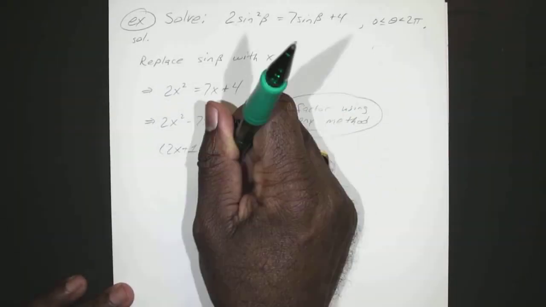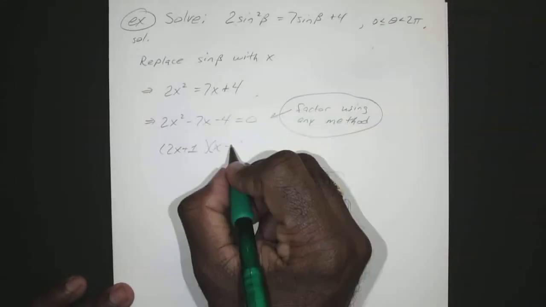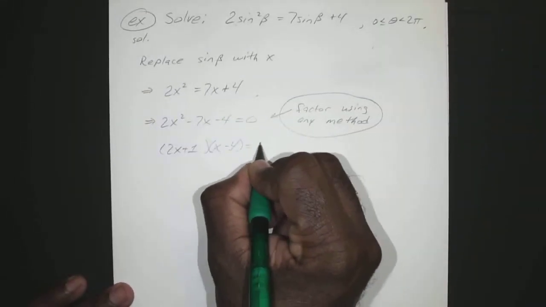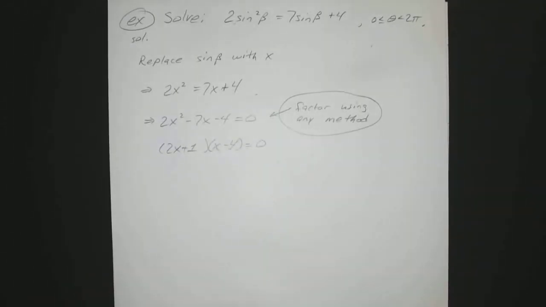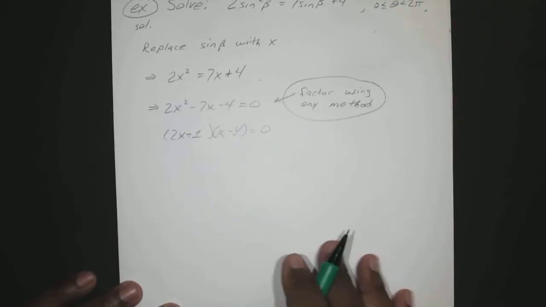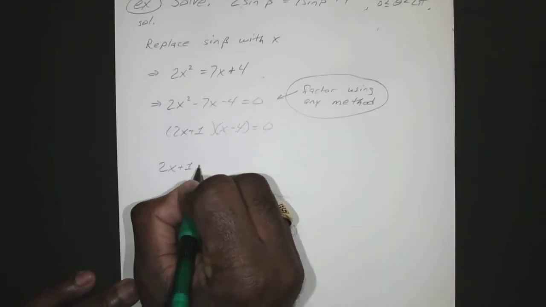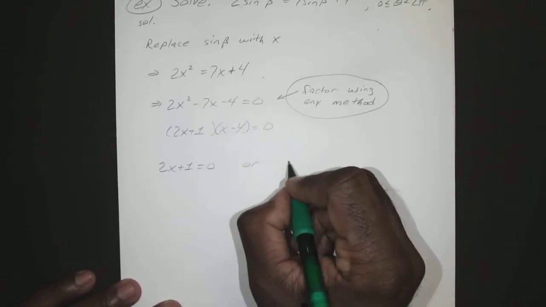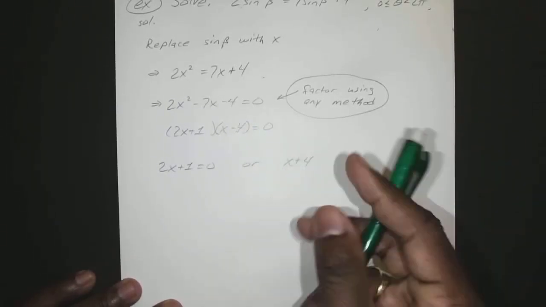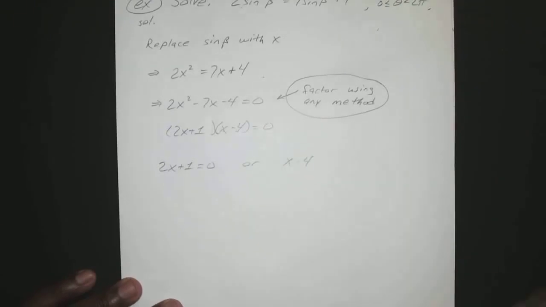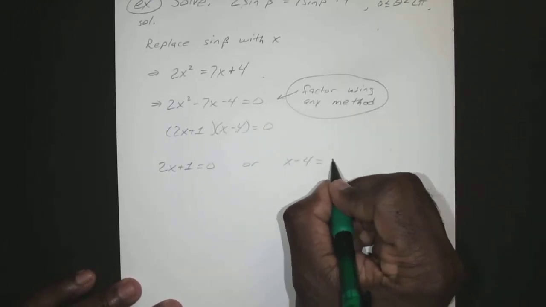Okay, so we know that 2x plus 1 can equal 0, or x minus 4 can equal 0.